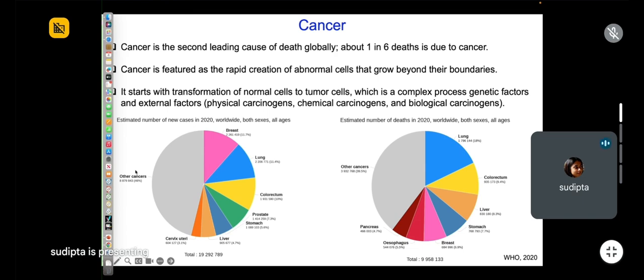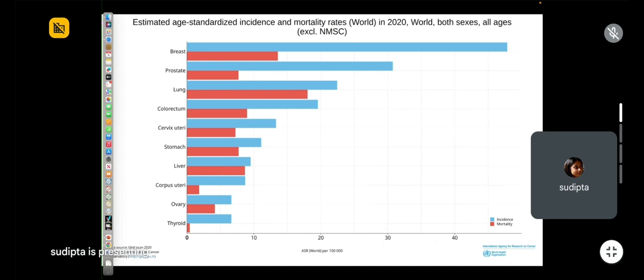I just put up a graph from the World Health Organization. You can see that although with breast cancer the incidence is higher, meaning we see a lot of breast cancer patients, death-wise lung cancer is the leading cause of cancer-related death. So it's very important because of that, and I am going to talk about why it is happening.